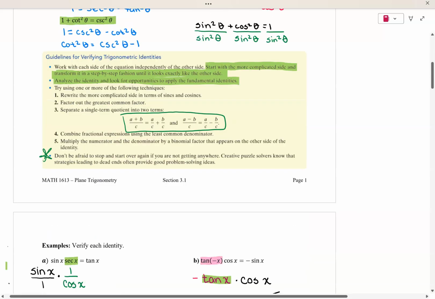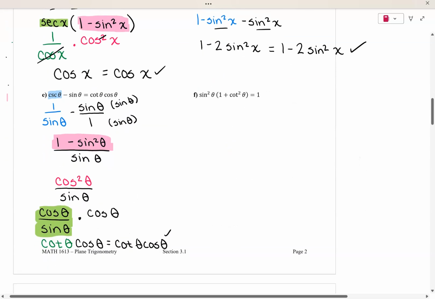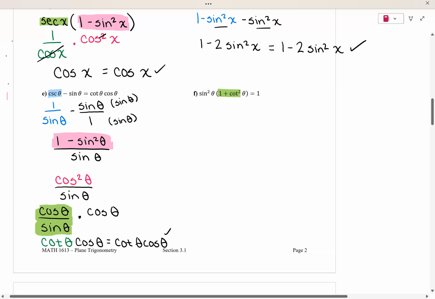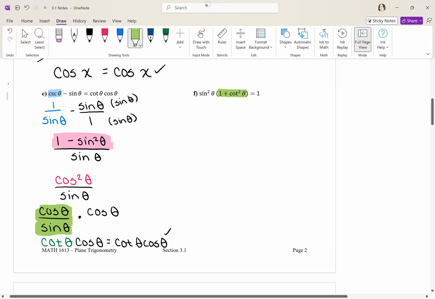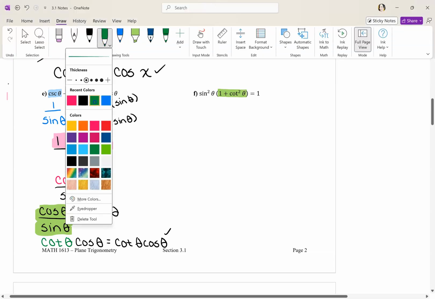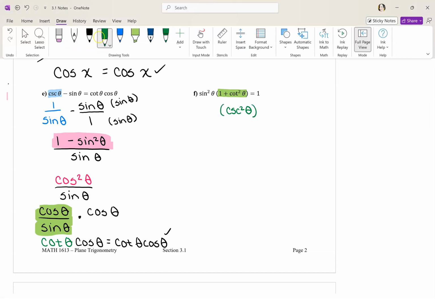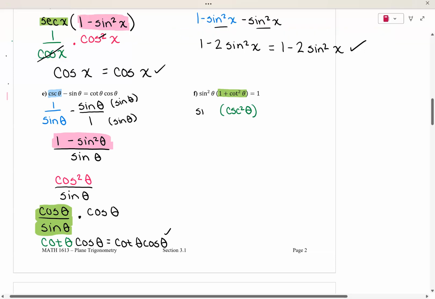So let's start off with that. And we're going to change that to that secant squared. And then there's our sine squared.